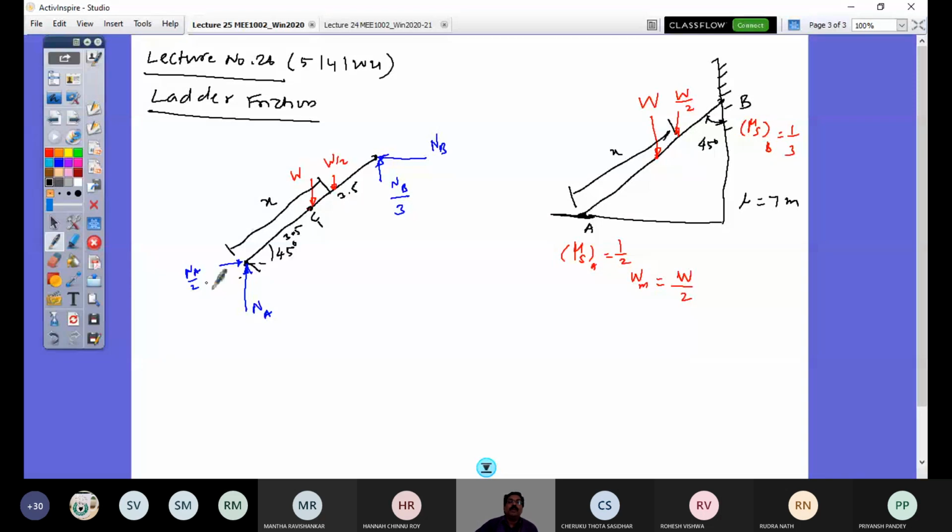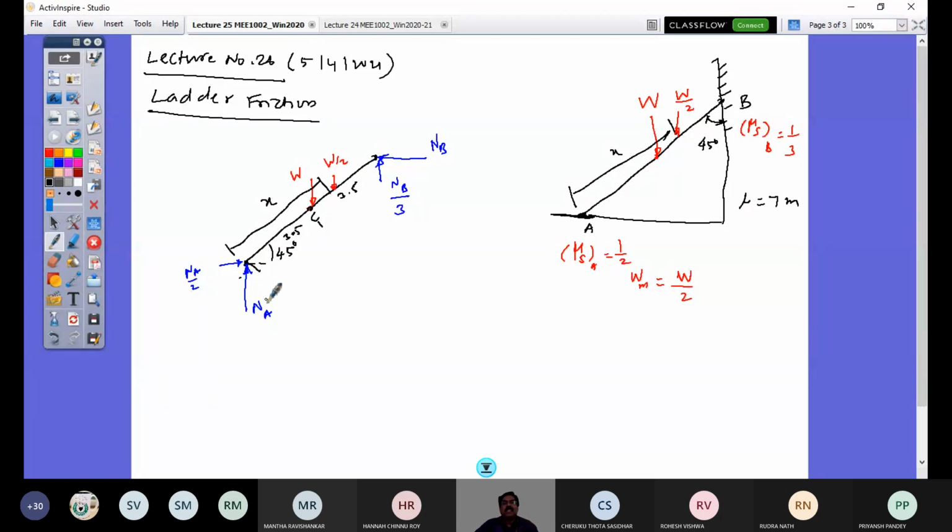So already I have used my friction force here, so that I have put the maximum static friction value at both the contact points. So this is just an impending state. So that would give me this x value. So whatever x value that I get, if he goes just beyond that x value, then he can't go up, and then this is going to slip. That is a condition, right?